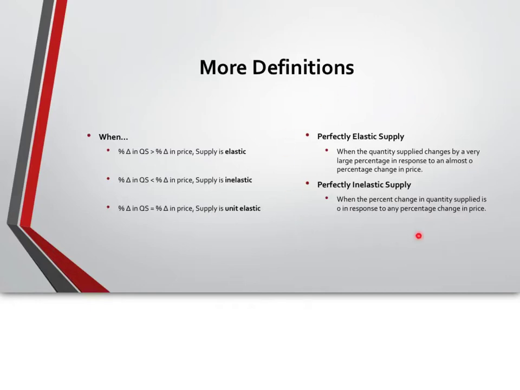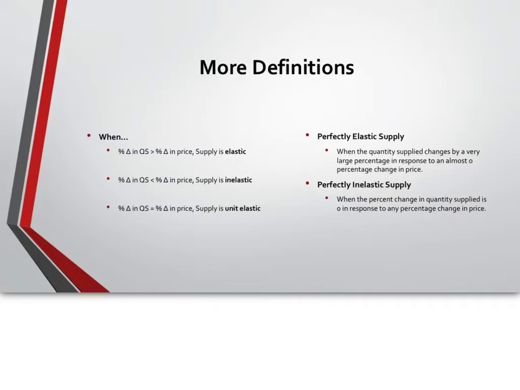As with these over here, perfectly elastic supply and perfectly elastic demand are going to be very similar as well. When the quantity supplied changes by a very large percentage in response to an almost 0% change in price, you have what is called perfectly elastic supply. And when the percent change in quantity supplied is 0 in response to any percentage change in price, you have perfectly inelastic supply.